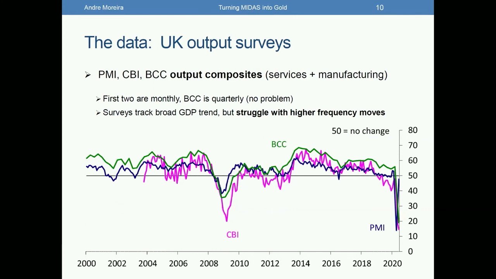The thing I wanted to highlight here is how the surveys look much more like the quarterly GDP data than they do like the monthly GDP data. So, one way to describe this is that they track the broad GDP trends. But if you overlaid this on the quarterly GDP data, it struggles with some of the more volatile moves in quarterly GDP. So that's another thing to bear in mind.